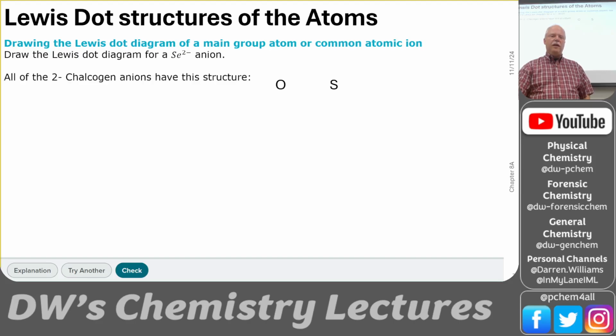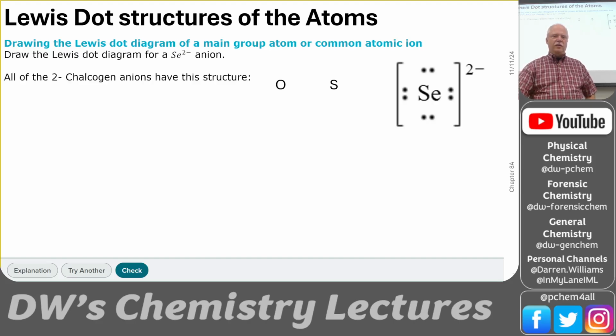So we'll jump ahead. It's saying draw the Lewis dot structure for a selenium 2- anion. These are the different things you have to do. You've got the selenium, the atomic symbol. We find selenium in the periodic table, and the question is, how many valence electrons does it have? Okay, so it's over there. How did you find that so fast?